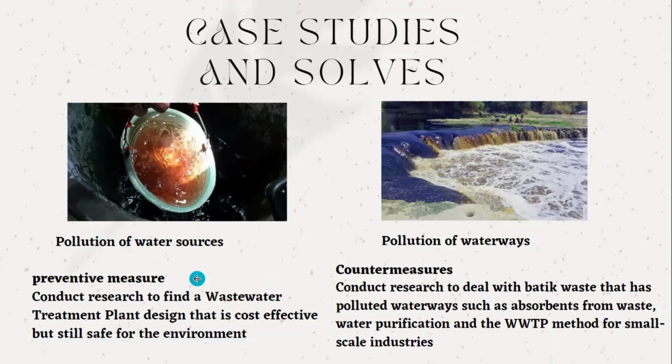The first is preventive measures: conduct research to find a wastewater treatment plant design that is cost effective but still safe for the environment. And the other solution is countermeasures: conduct research to deal with the waste that has polluted water, such as absorbents from the waste, water purification, and wastewater treatment plant methods for small scale industry.